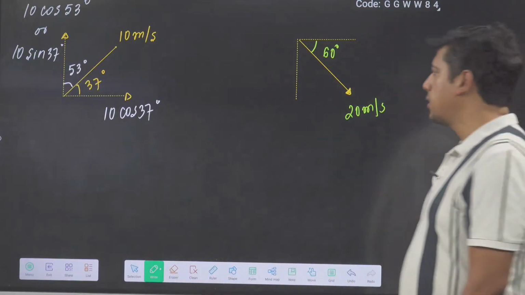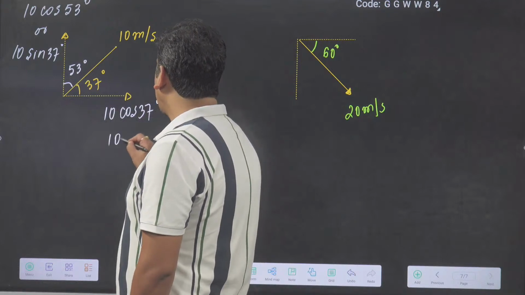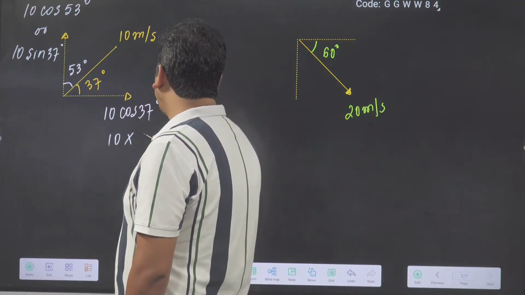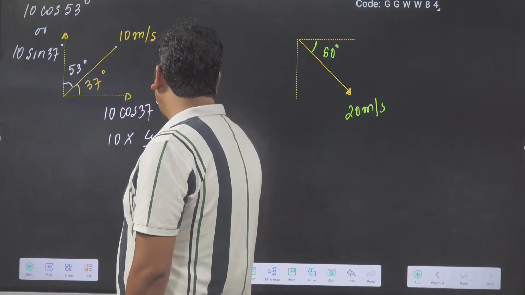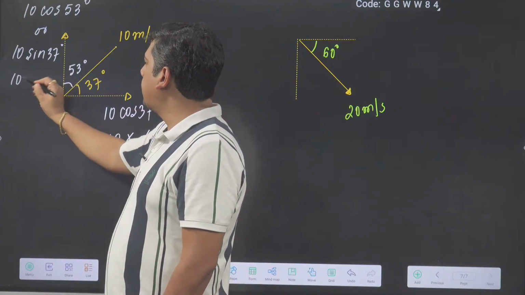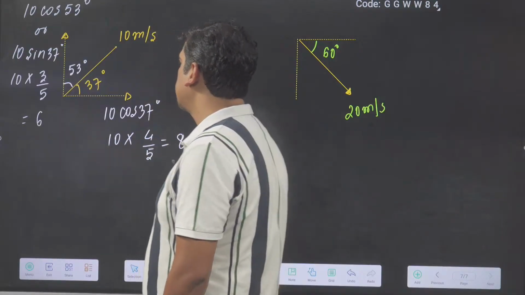So cos 37, as I told you, is 4 by 5, so it will become 8, and this will be 10 into 3 by 5, so it will become 6.